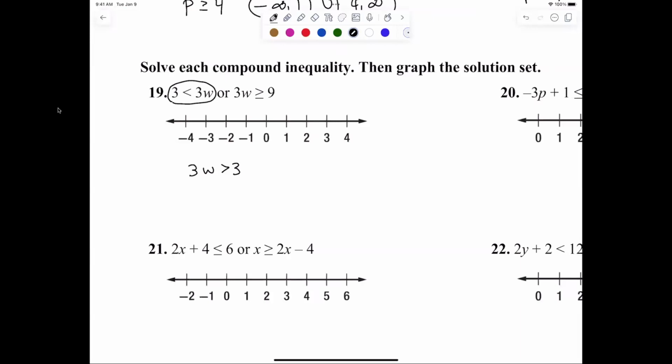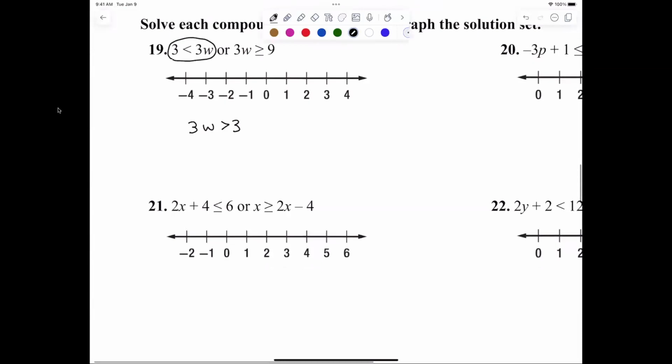Just put 3W is greater than 3. And so now when I divide this out, I get what? W is greater than 1.